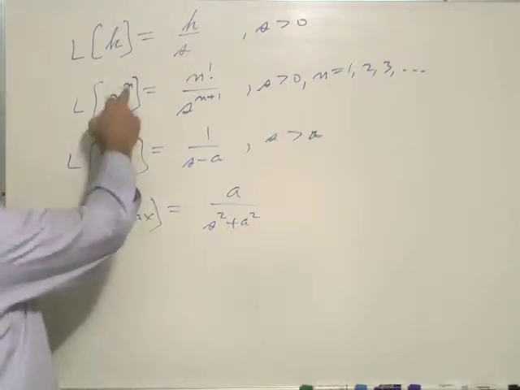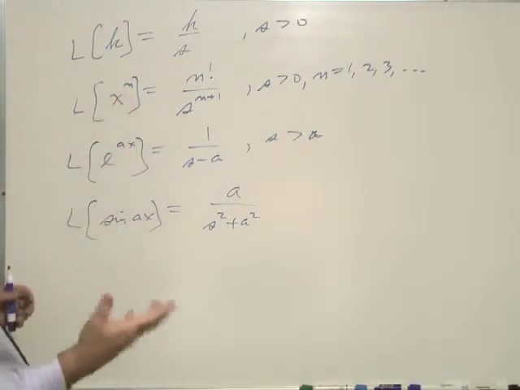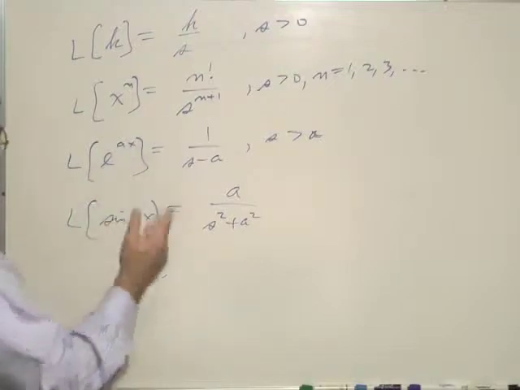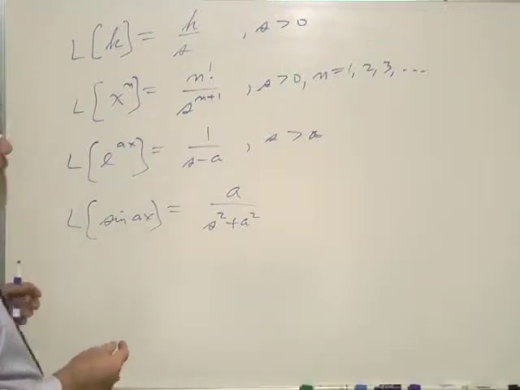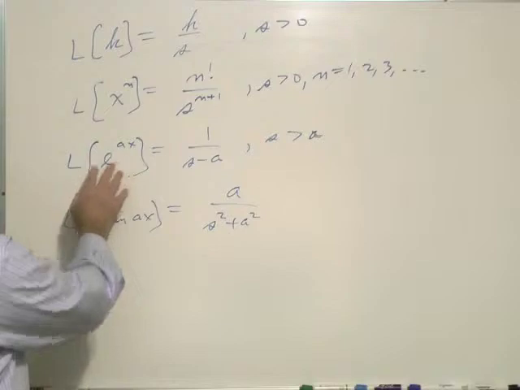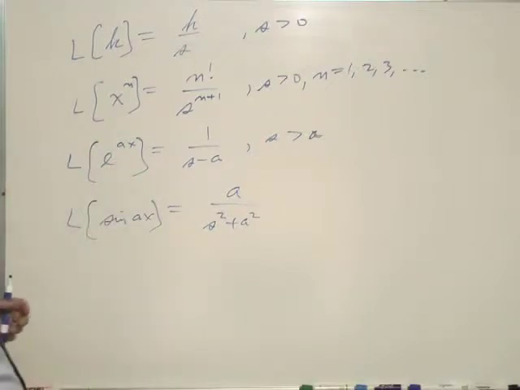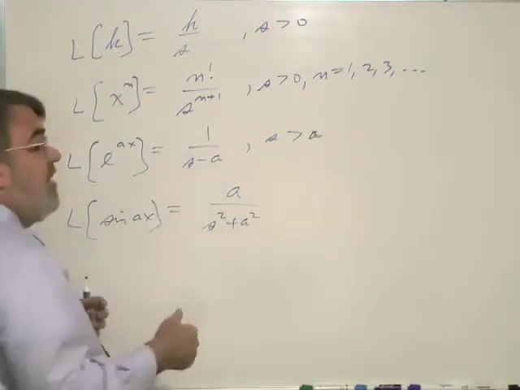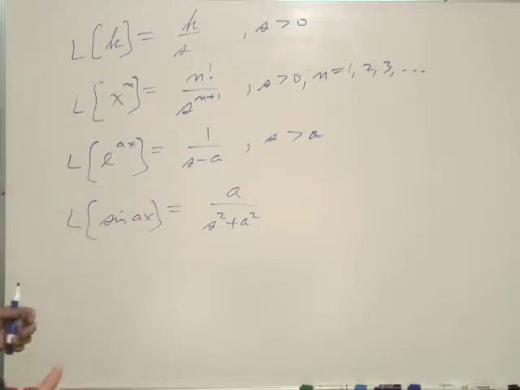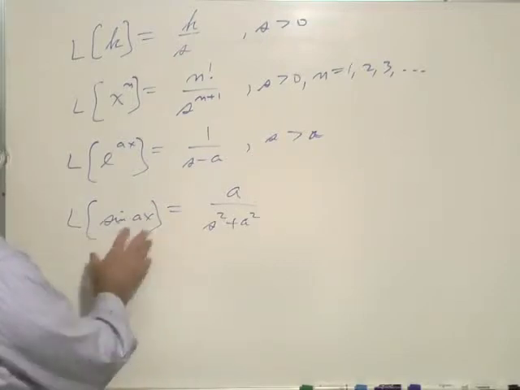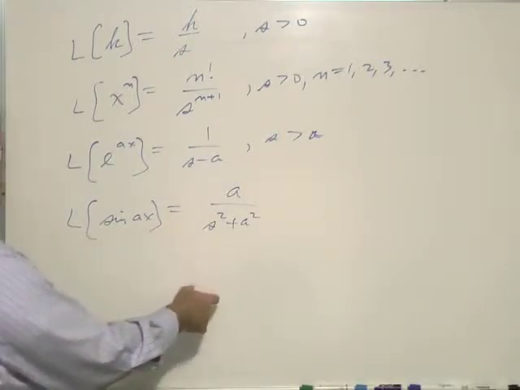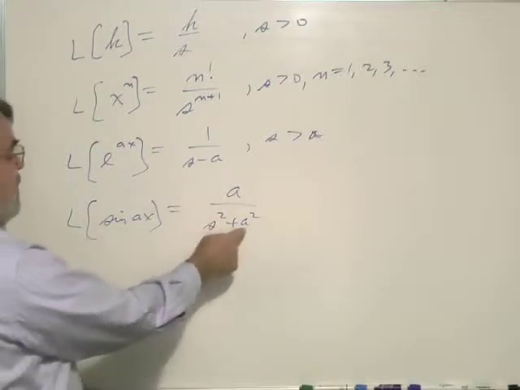So this would not work for a square root, because then n would be 1/2. It would not be an integer, so that would be another issue to deal with. The Laplace transform of e to the ax happens to be 1 over s minus a. Very short and sweet. And then for the sine function, sine ax, the Laplace transform happens to be a over s squared plus a squared.